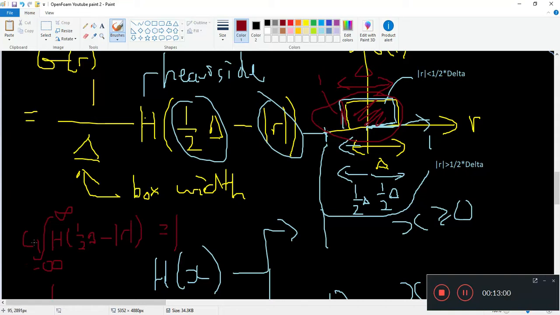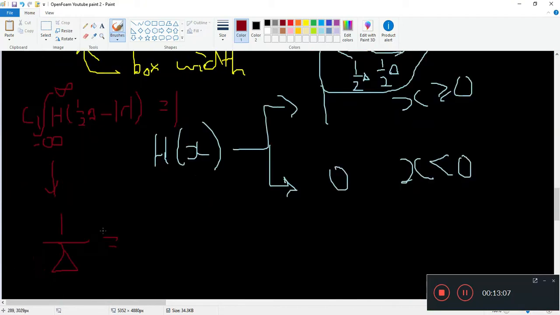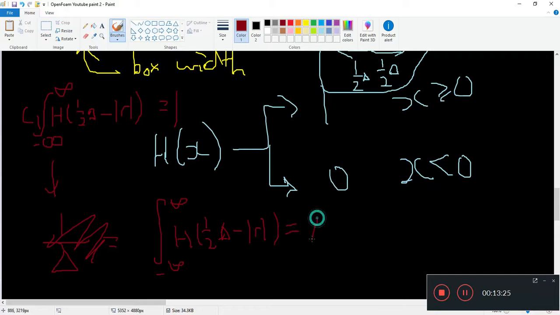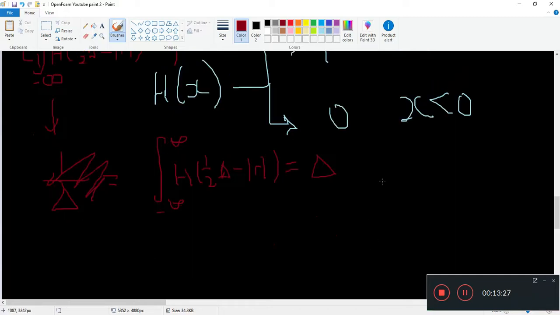You integrate this function from minus infinity to infinity, and you will just get 1 times delta. So the integral of h of half delta minus r equals delta. If you want to make this whole thing 1, you need 1 over delta.